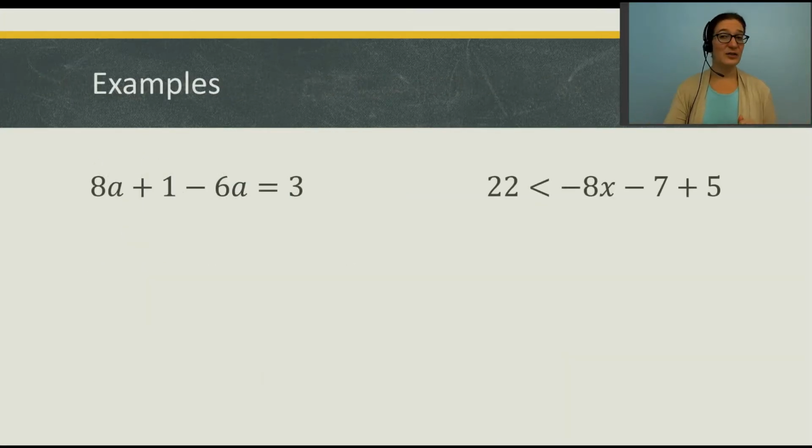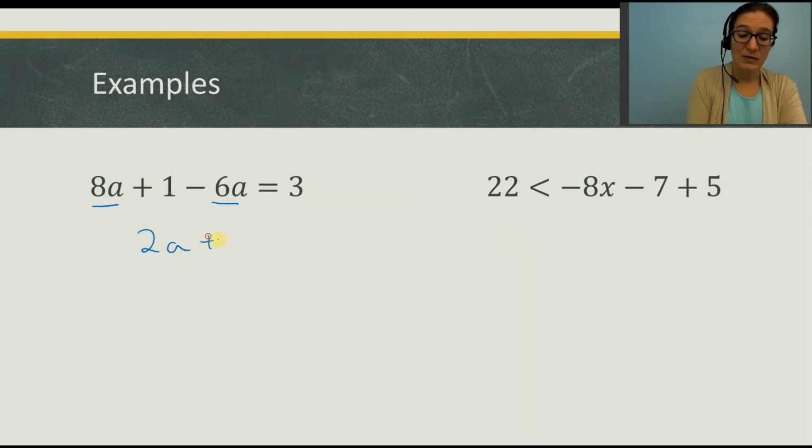Here's our first couple of problems. What we have here are an equation and an inequality where we need to make sure that we are combining our like terms. So I have my equation here where I have 8a and 6a as my like terms. So I'm going to go ahead and combine those. Notice it's minus 6a, so that means 8a minus 6a is 2a.